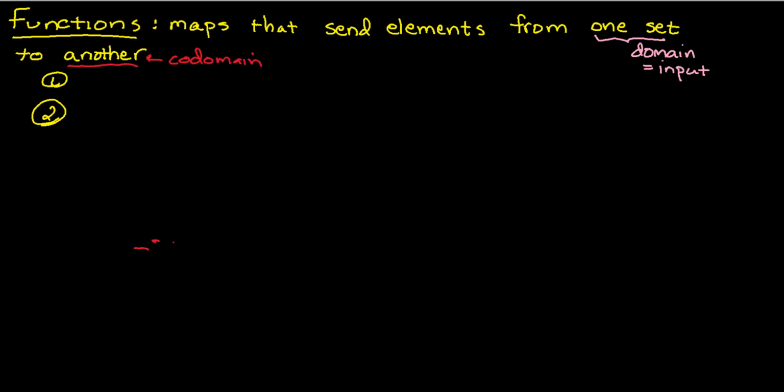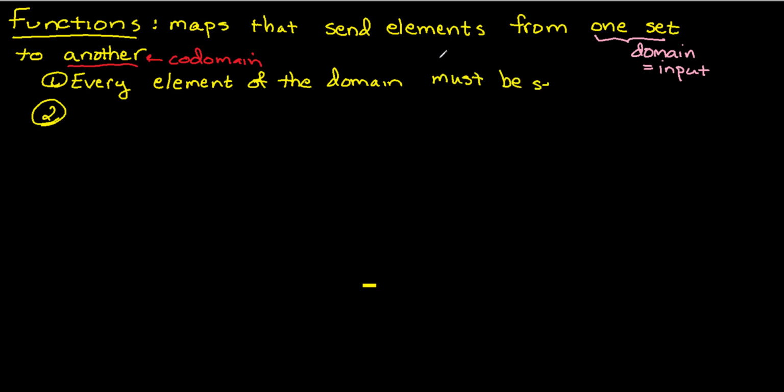Now, to be a function, you have to satisfy two rules. The first rule is that every element of the domain, or our starting set, our input set, must be sent somewhere in the codomain.